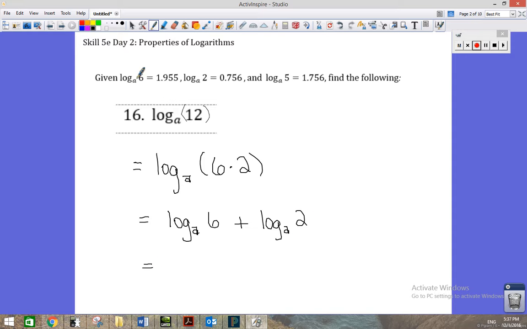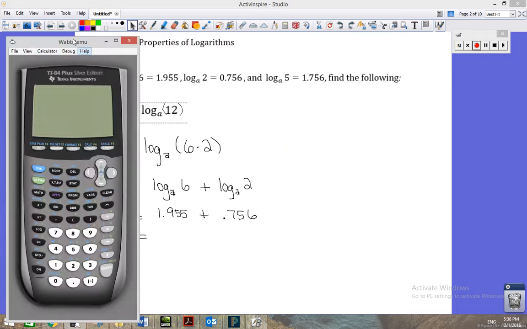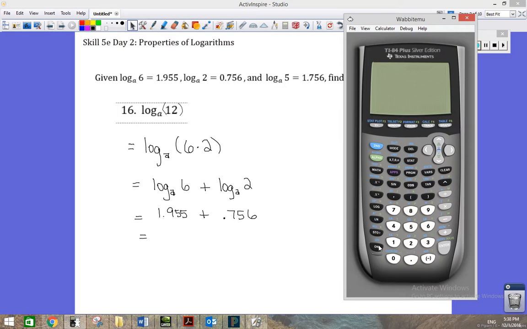Now it has told me that this log base a of 6 is approximately 1.955, and that this guy, the log base a of 2, is approximately 0.756. So we can add these together. Now here, I don't necessarily need a calculator to add these, but my mental arithmetic skills are not the best, and especially in this video, I don't want to embarrass myself and add these together wrong for you, so I'm going to hopefully key them in the calculator correctly.